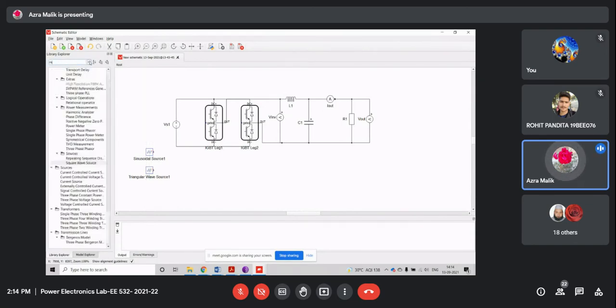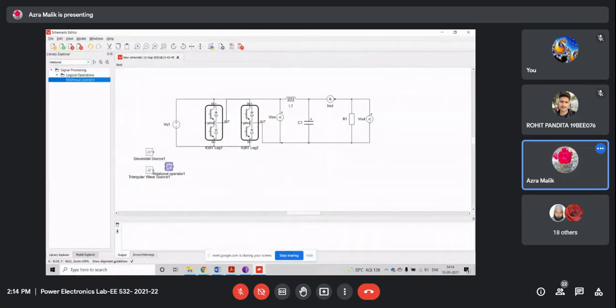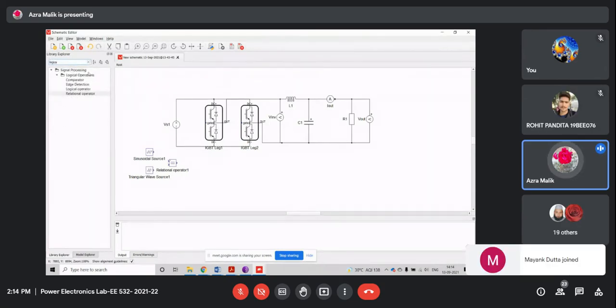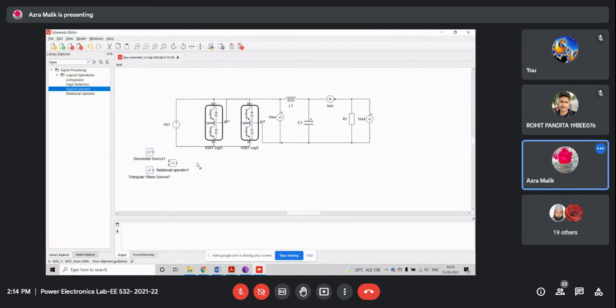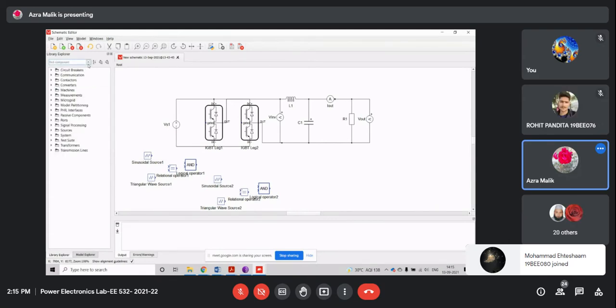We will need a relational operator to compare the two, and a logical operator so that we can complement it for the lower switch. And bus join.